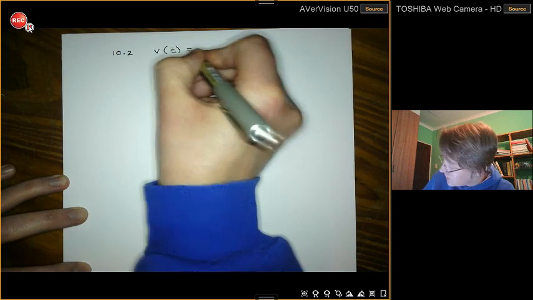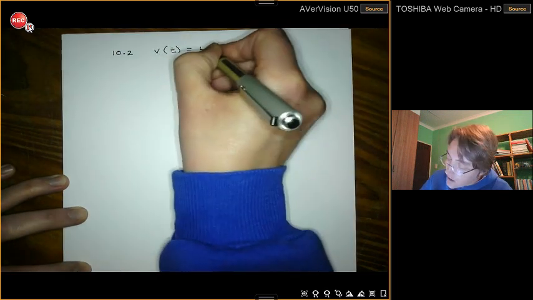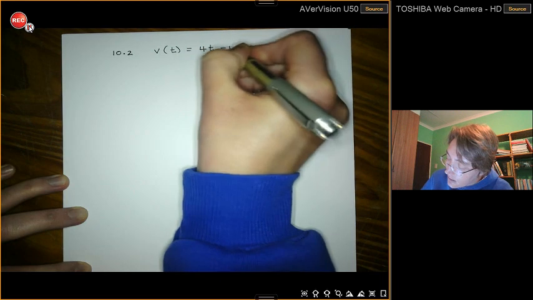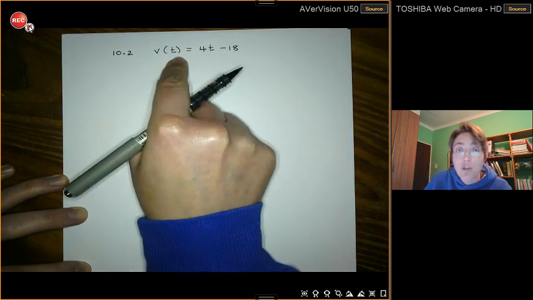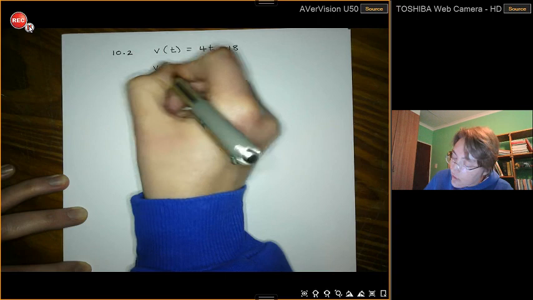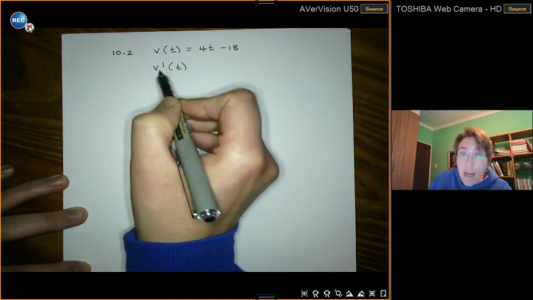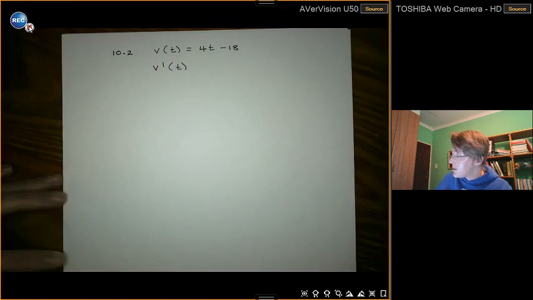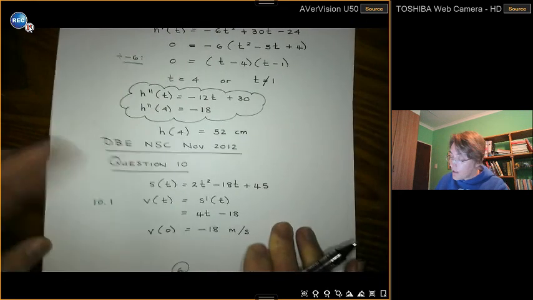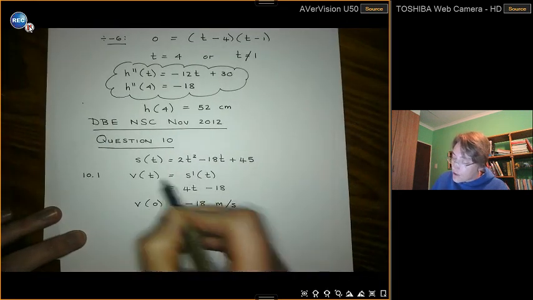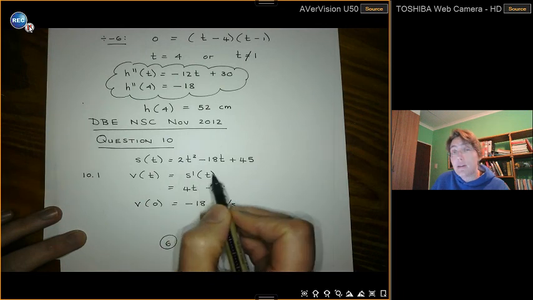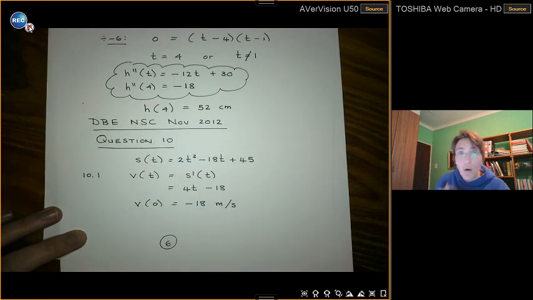We said the velocity is equal to 4t minus 18. So if I want to know the rate at which the velocity is changing, I need to find the first derivative of velocity, because that's going to be the rate of the velocity. Whereas this one that I worked out previously, the rate of the displacement. Okay, so please just watch your words carefully.